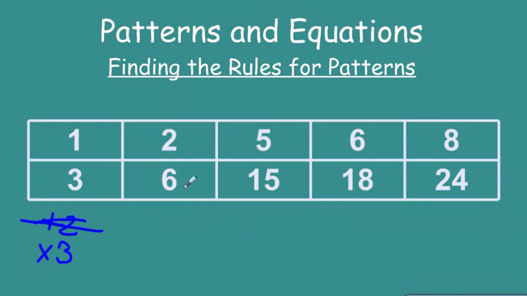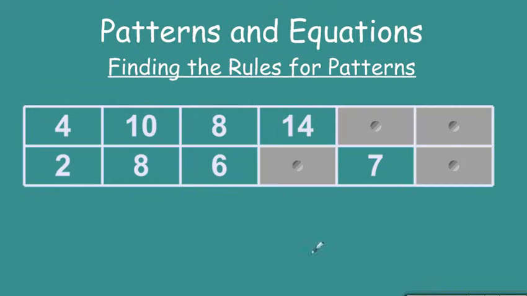Because if the first one's correct and the second one's correct, but the third one is not correct, then you could be wrong completely. So you want to make sure that it's all correct. So in this one, my rule is multiply by 3.